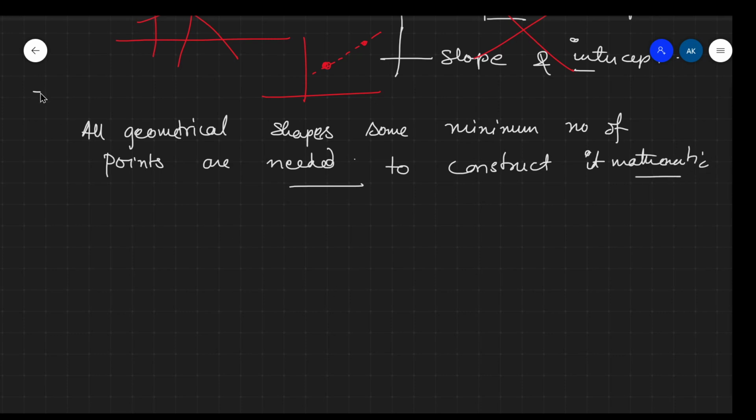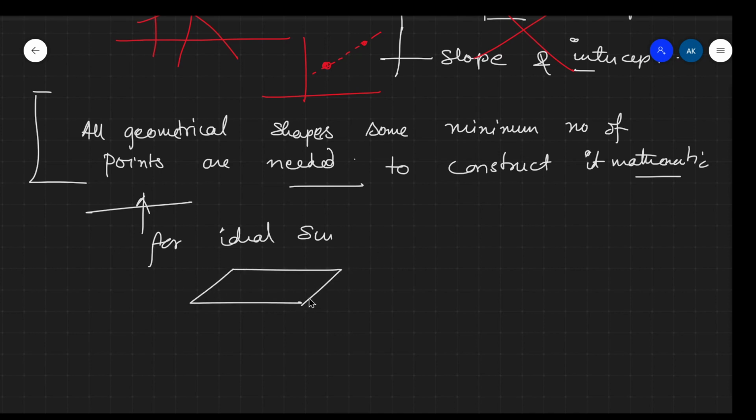But these are for ideal surfaces. Suppose there is a plane. To fix this plane, or to have all the information about this plane, you need only 3 pieces of information.